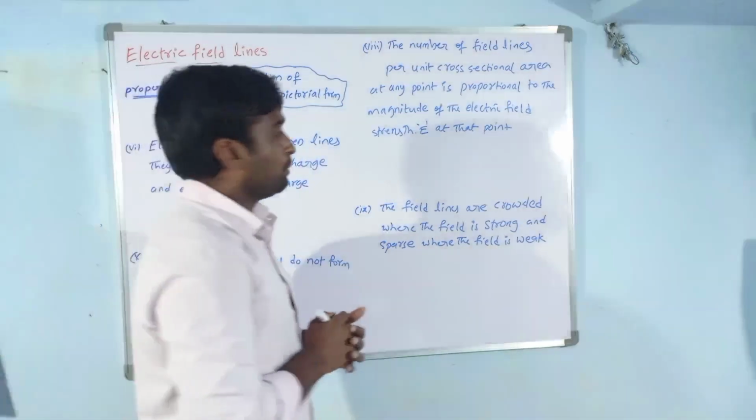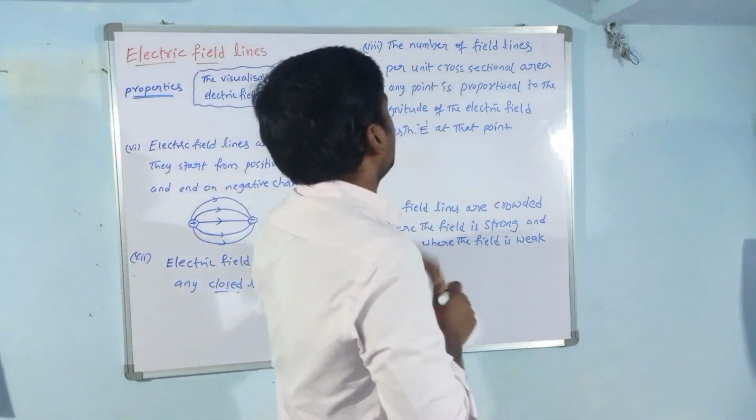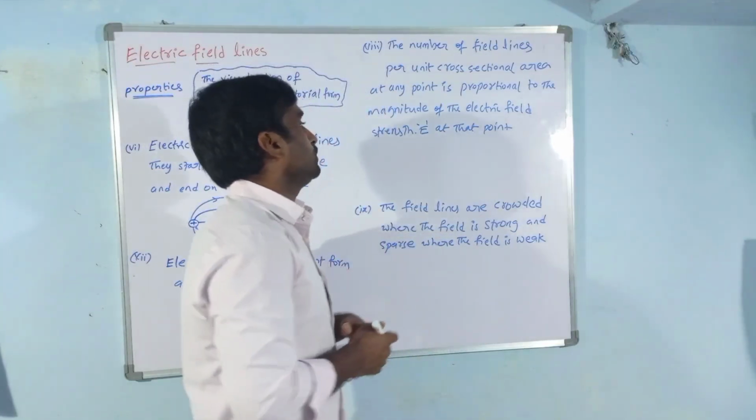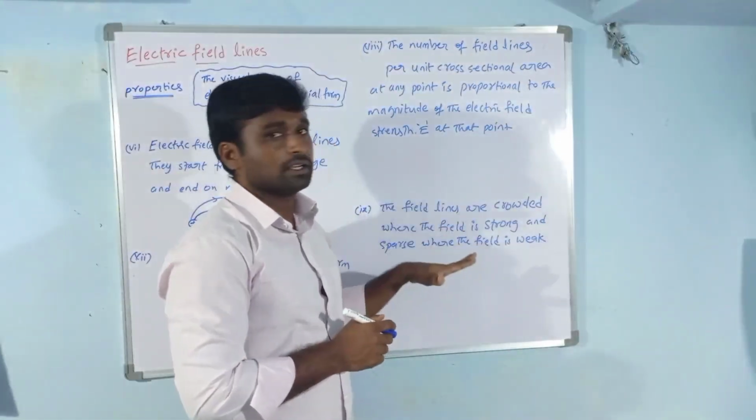So what is the eighth point? See here, the number of field lines per unit cross-sectional area at any point is proportional to the magnitude of the electric field strength at that point.